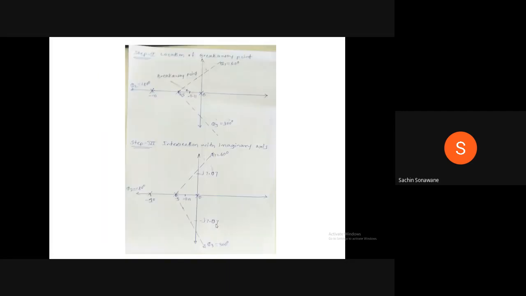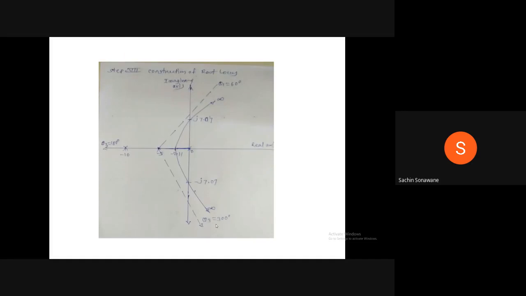How to draw? Just check. Always remember, root locus starts from the open loop pole. Now why are these angles of asymptotes there? Because the root locus is symmetric or parallel to the angle of asymptote. Therefore, root locus first of all will start from 0. It will go to -5.